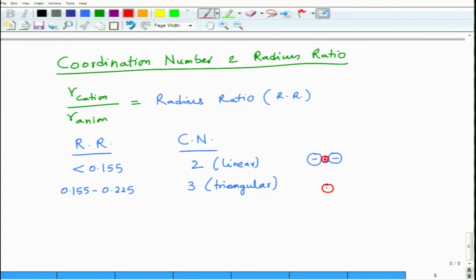This is the cation I have, and one anion would be here, another anion would be here, and the third anion would be here. Let me draw it again, something like that. There should be a sufficient separation, they are not exactly touching each other, but a small separation. And this is your cation, this is triangular coordination. So basically they make a triangle and between that you have this cation.